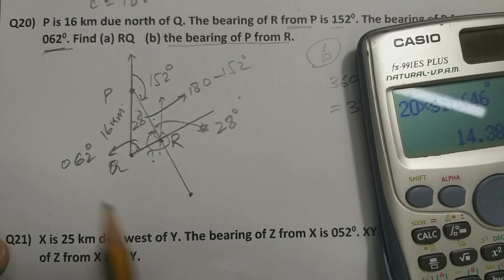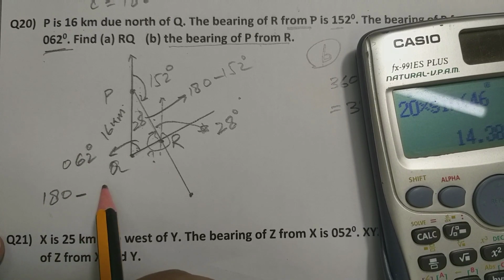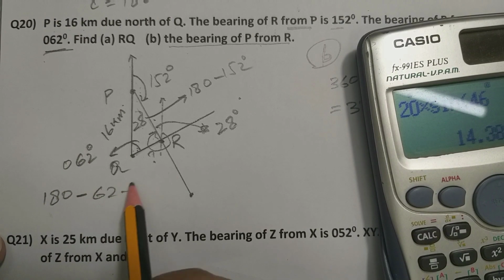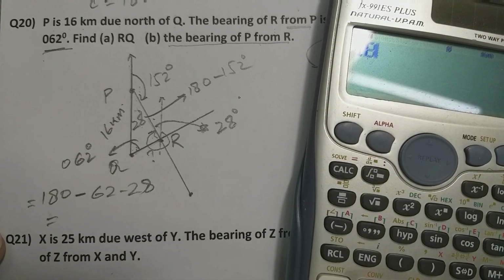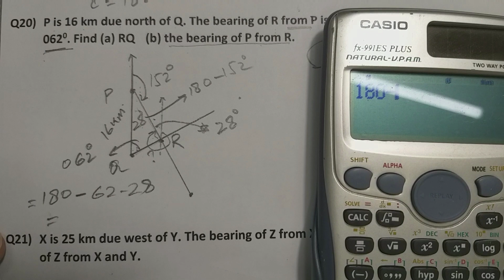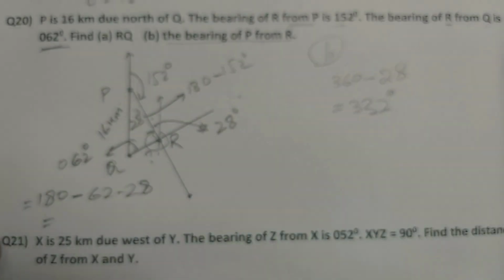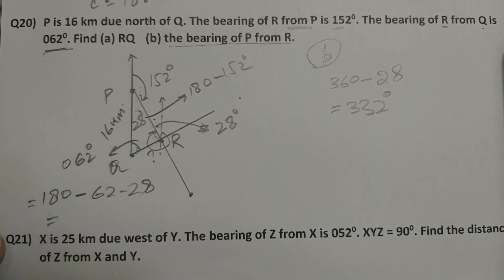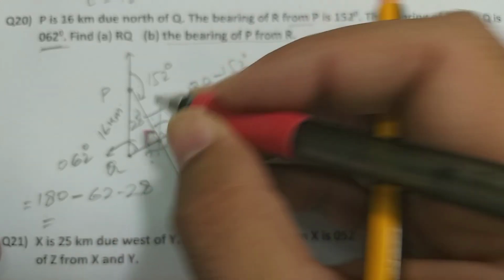So 180 minus 62 minus 28, which is equal to 90. It means this angle is 90. So this angle equals 90 degrees.